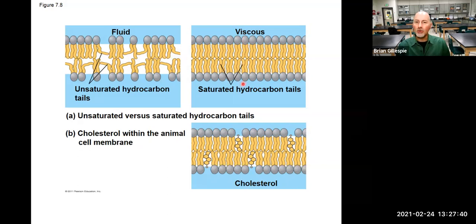Even small molecules might have a hard time pushing and shoving their way around these individual phospholipids. And some studies have shown that some plants actually vary the viscosity of their membranes on a seasonal basis, so that under cold seasons, they might become a little more viscous in their membranes, but during warm seasons, they open things up a little bit.